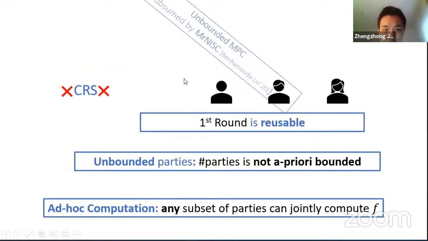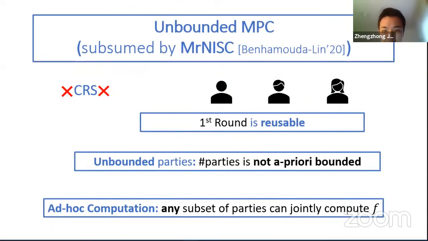As you may already know, this work is concurrent with the previous presentation. In this work, we also study the dream version of the two-round MPC protocol. Recall that such a protocol should satisfy the following properties. It should be in the plain model, and the first round message should be reusable for different functions.